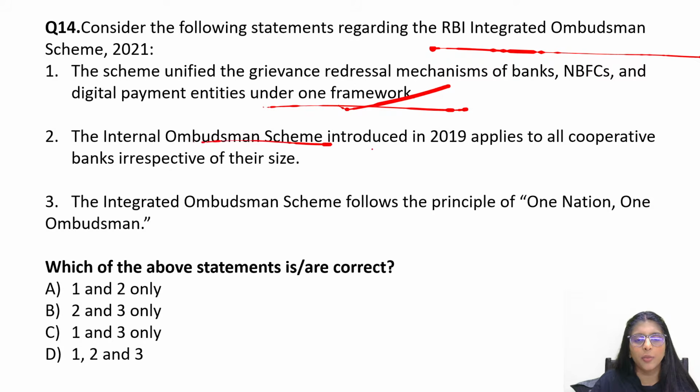The internal ombudsman scheme introduced in 2019 applies to cooperative banks irrespective of their sizes. No. It was introduced for large non-bank prepaid payment instruments and not for cooperative banks. The integrated ombudsman scheme follows the principle of one nation, one ombudsman. Yes, correct. Which are the correct statements? 1 and 2 are the correct statements.